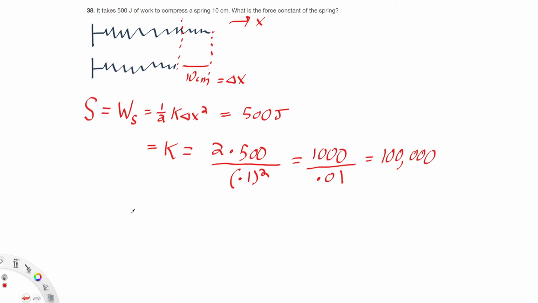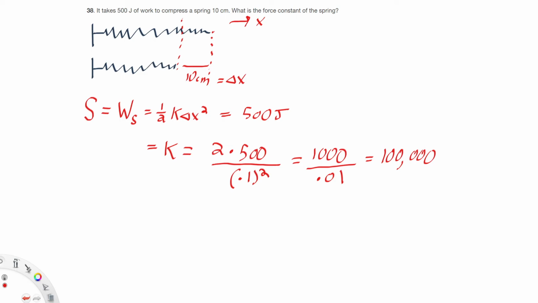That is a pretty stiff spring, but it's not super out of the ordinary. The larger the force constant for the spring, the stiffer it is. So, for example, the shocks in your car are going to have a force constant in the several 100,000 range.